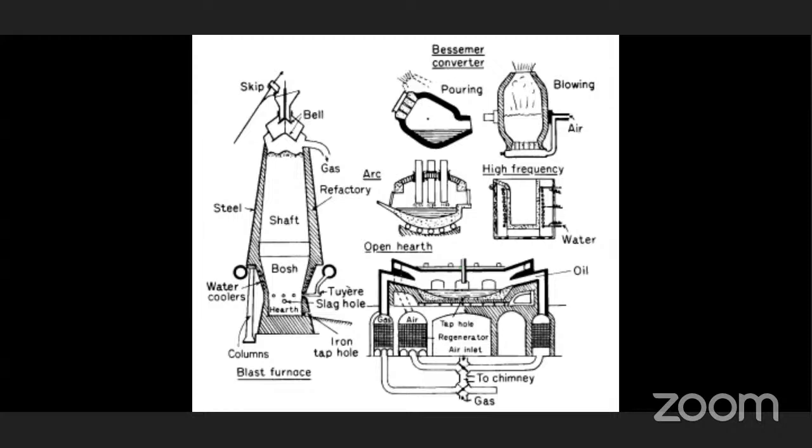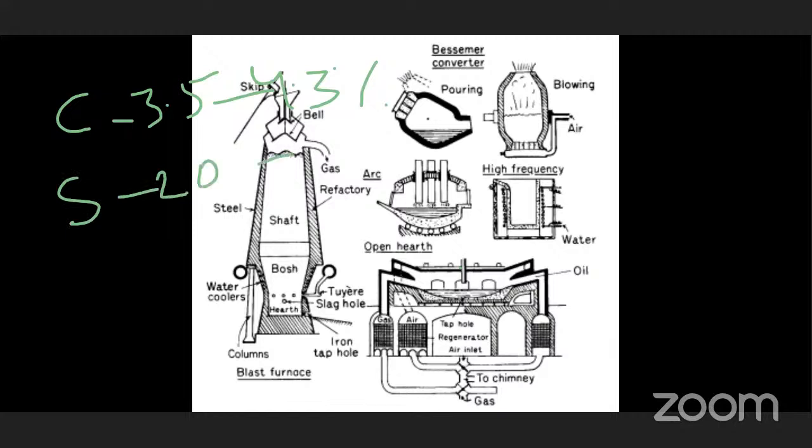The pig iron for the acid Bessemer process should therefore have the following composition. So what is the composition? Carbon should be 3.5 to 4.3%. Silicon 2.0 to 2.5%.